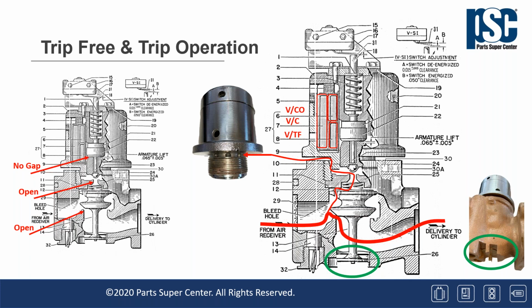So on this slide, the breaker is required to trip free due to closing in on a fault. The VCO cutoff winding is energized, as well as the VTF winding, which is in series with the trip coil. It also, like the VCO winding, has the reverse polarity of the VC or close winding.